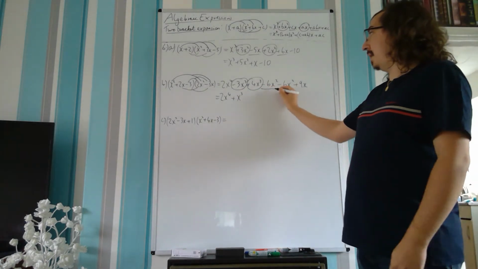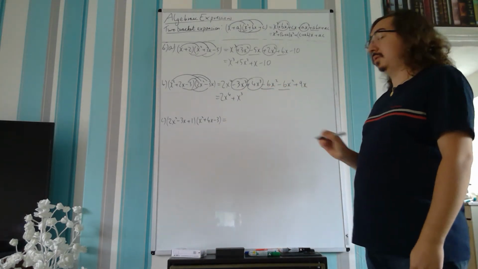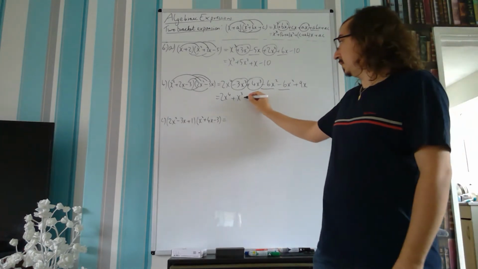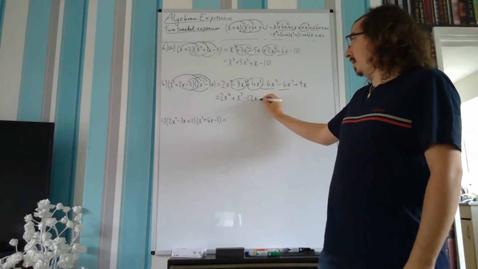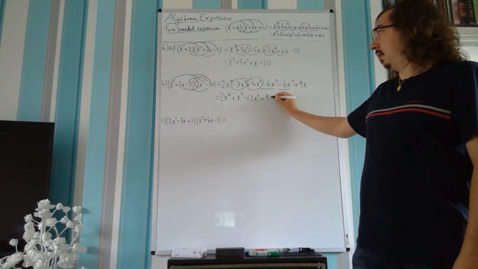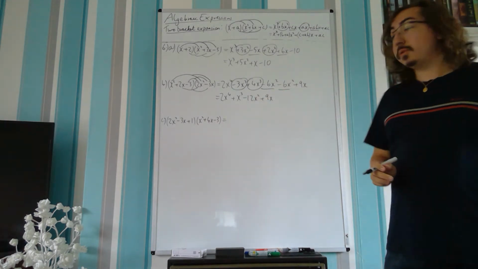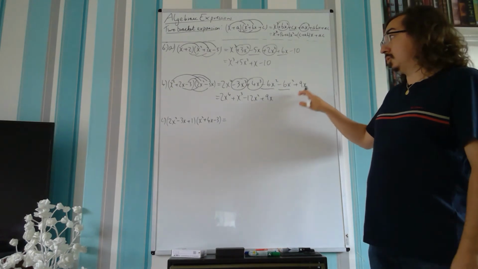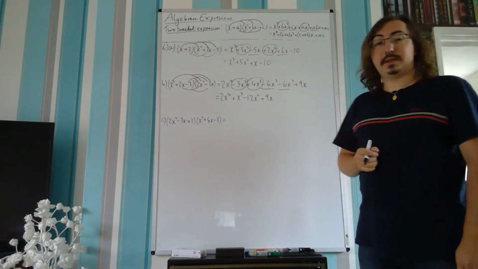I have minus 6x squared minus another 6x squared, which is minus 12x squared. And at the end, I have plus 9x. Once again, my number of terms are dropped from the original 6, in this case, to 4.